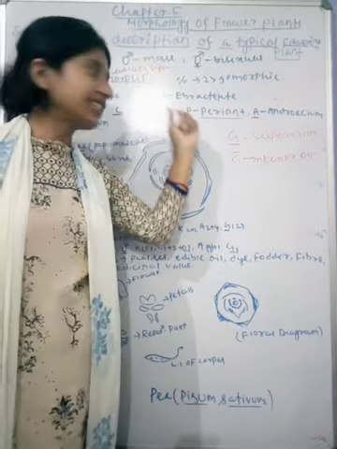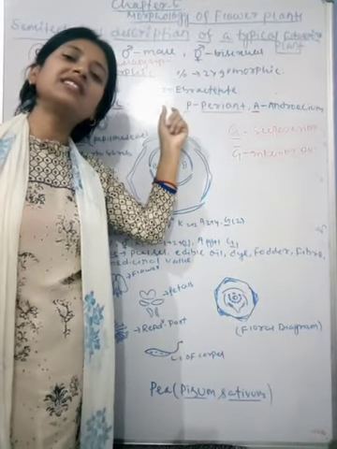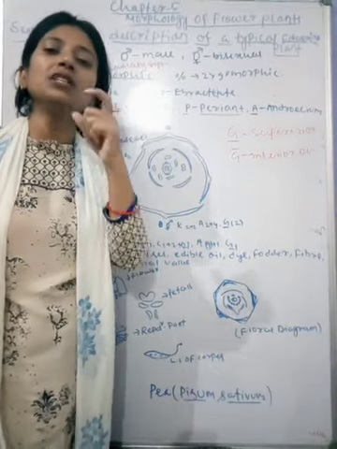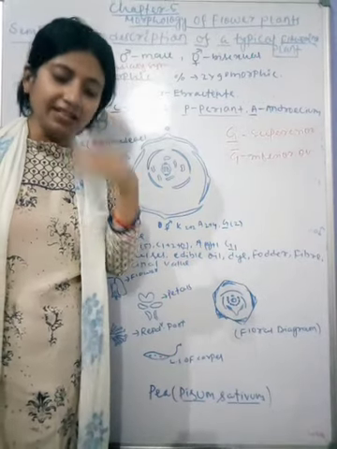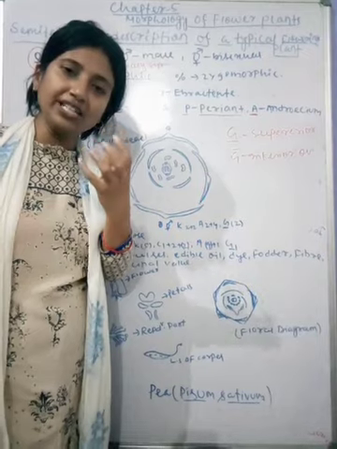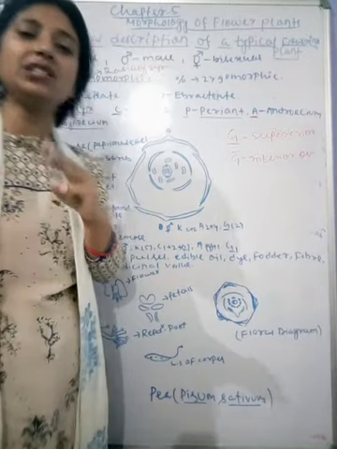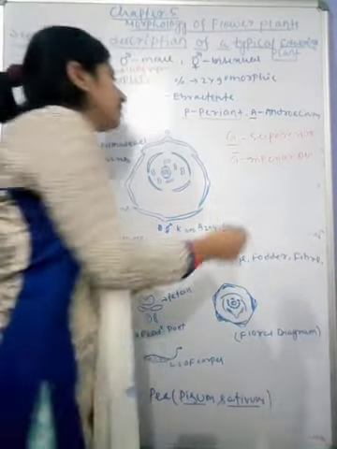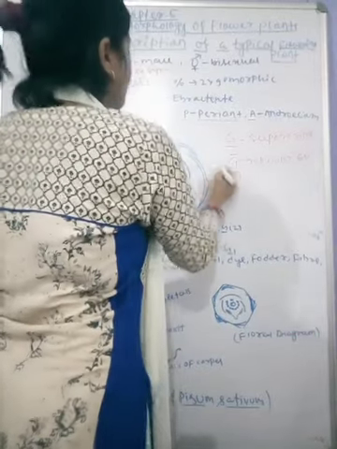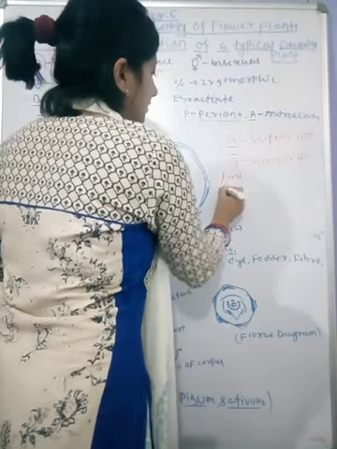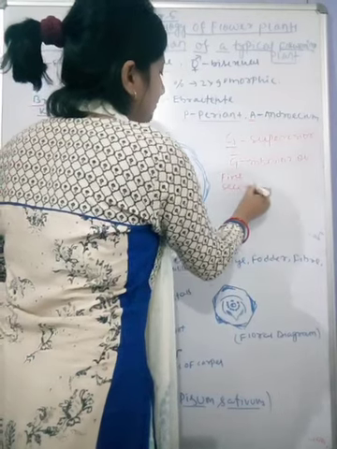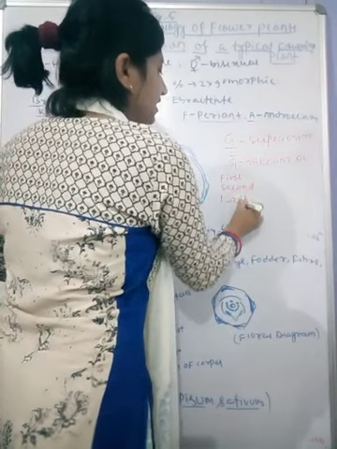After describing these terms and symbols, we can study a family. In this chapter, in your NCERT book, there are 3 families we will study. First we will study Fabaceae. You can see first, then second, then last, the 3 families here.